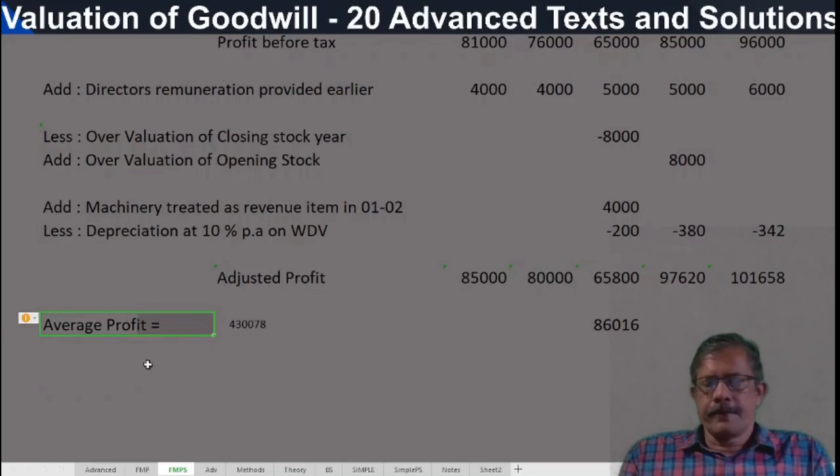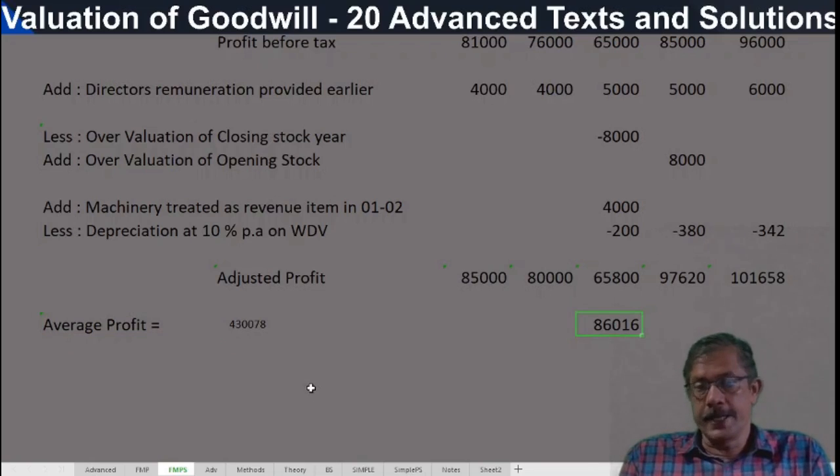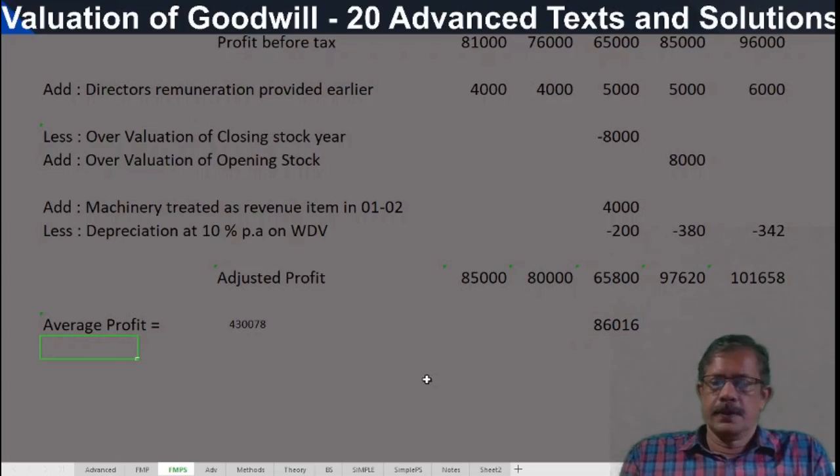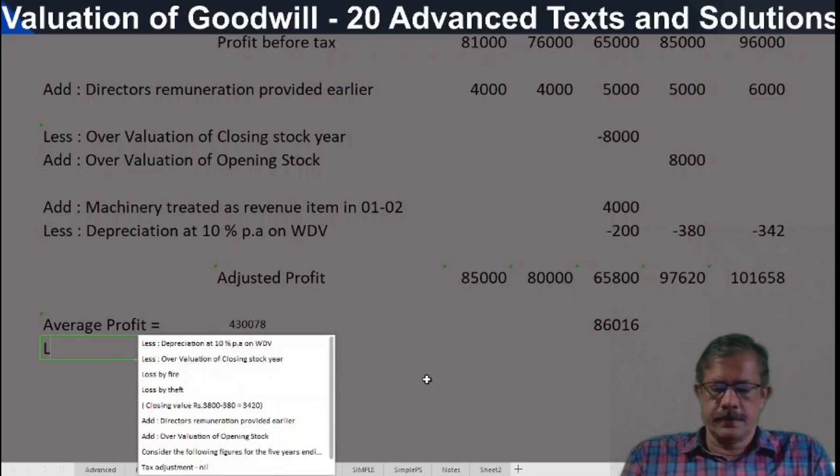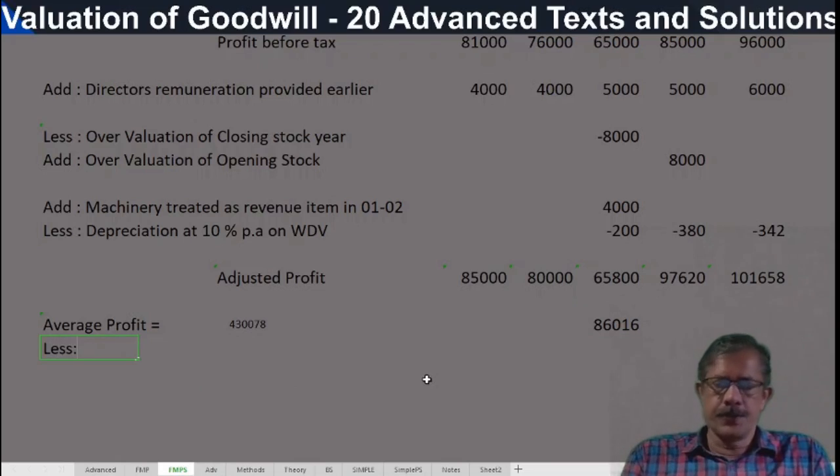So here, average profit: all the 5 years' profit added, 430,078 divided by 5, you will get average profit. Average adjusted profit. Deduct expenses likely to arise in future.